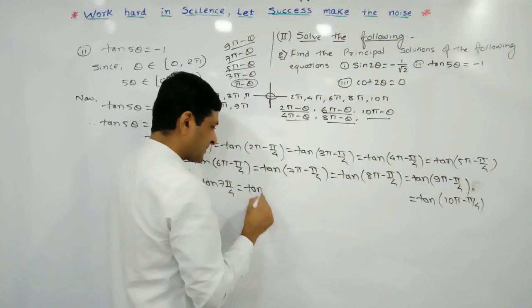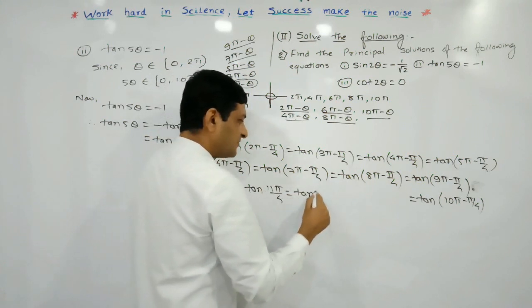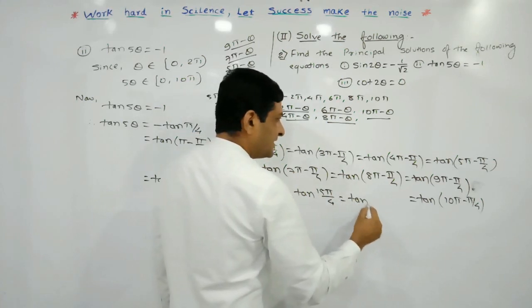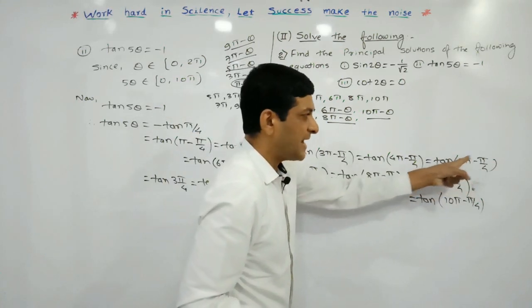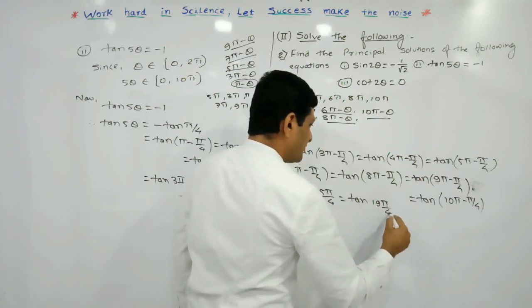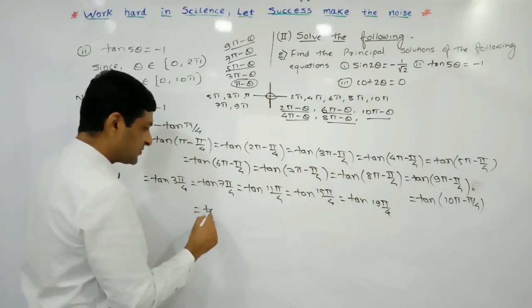Then we get tan 11π/4, tan 15π/4, then after 15, 19π/4, tan 19π/4.